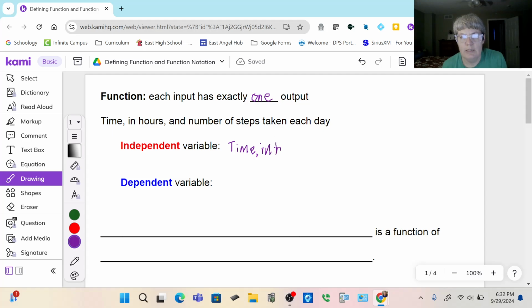And that's because when we're keeping track of our steps, we're generally basing it off of, well, how much time have we been awake during the day? So time in hours will be the independent variable, and the number of steps taken each day will be the dependent variable.